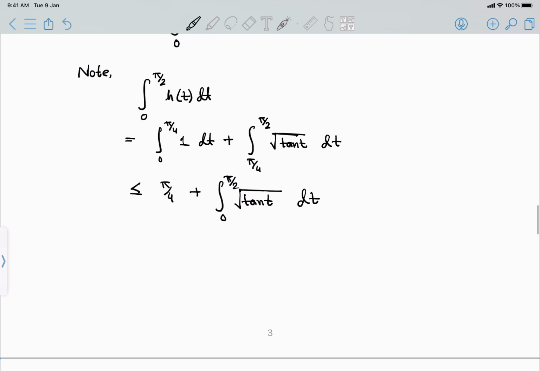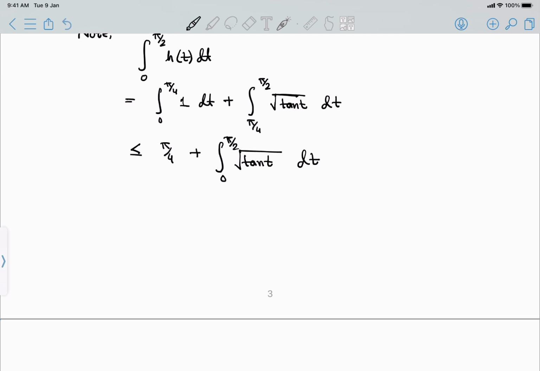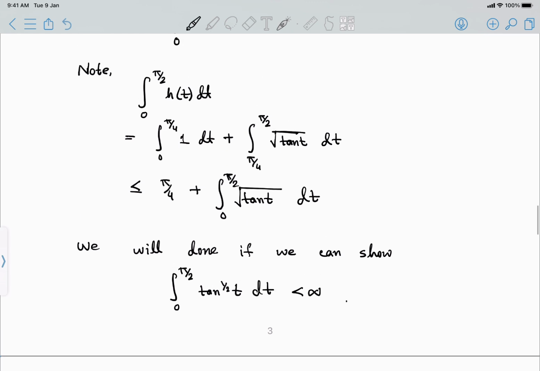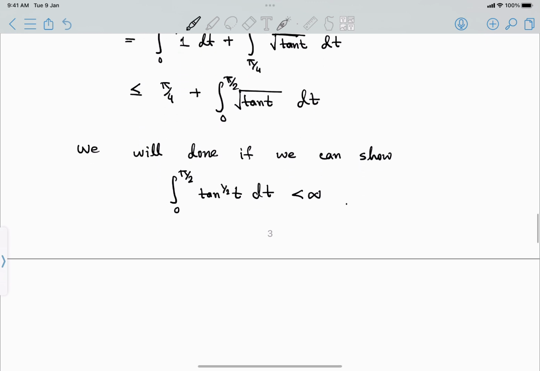So we will be done if we can show that the integration from 0 to pi by 2 of tan to the power half of t dt is finite, because if this is finite then the integral from 0 to pi by 2 of h of t will be finite, so we can apply Lebesgue DCT, then we are done. So it remains to prove this one, right? So let's prove this one.